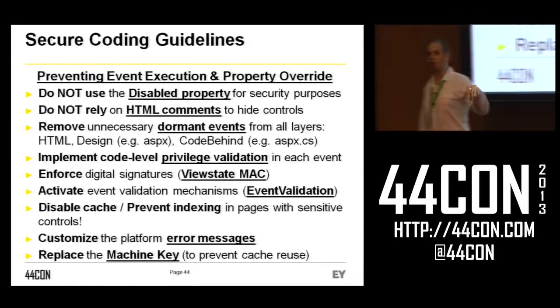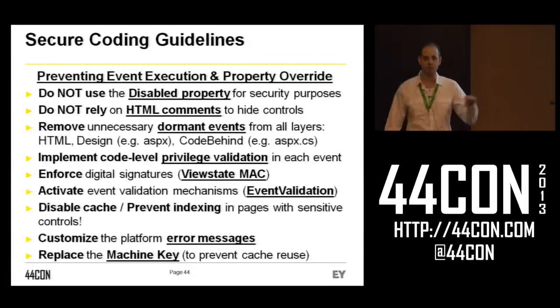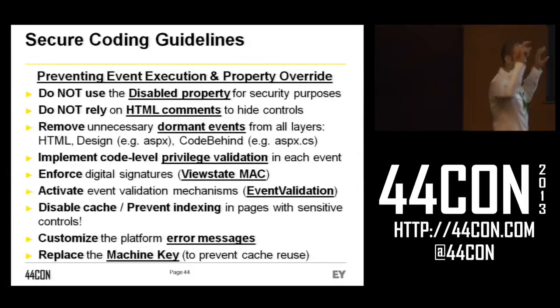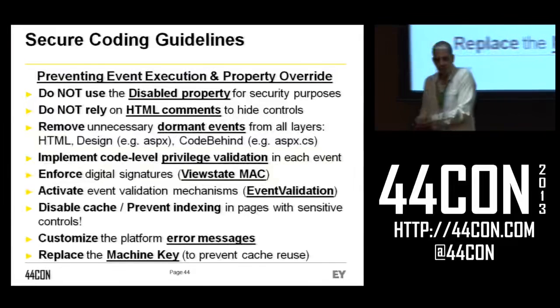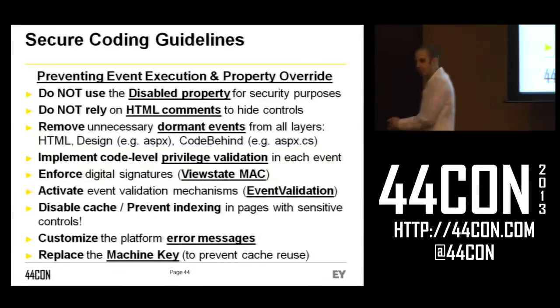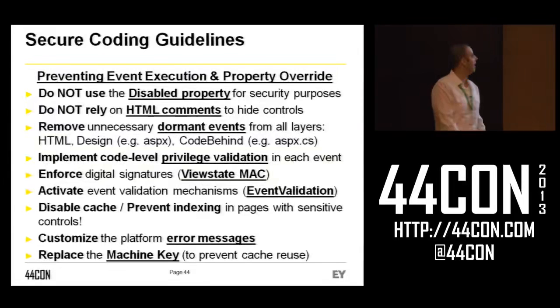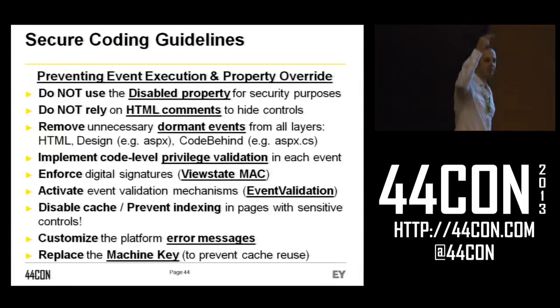If you have a dormant control or a control that's not supposed to be there, which is a remnant of a test feature or some feature which is not relevant to the live system, again, remove it. Don't keep it. Don't rely on visibility features. Just remove it. And in addition to that, probably the most powerful thing we can do is to implement validation code for privileges in the events themselves, instead of just in the upper section of the page.